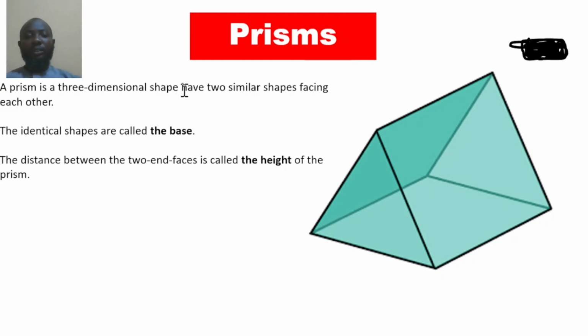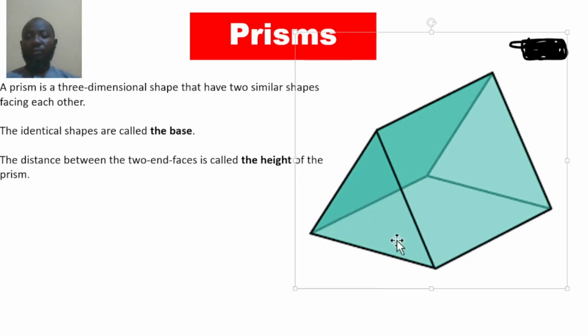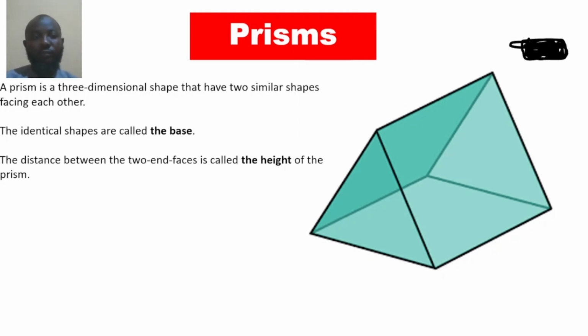So they have two similar shapes facing each other. Now, if you look at the shape we have here, this triangle, the same thing with this triangle. A prism is a shape that will have the same shape at the top and the same shape at the bottom.